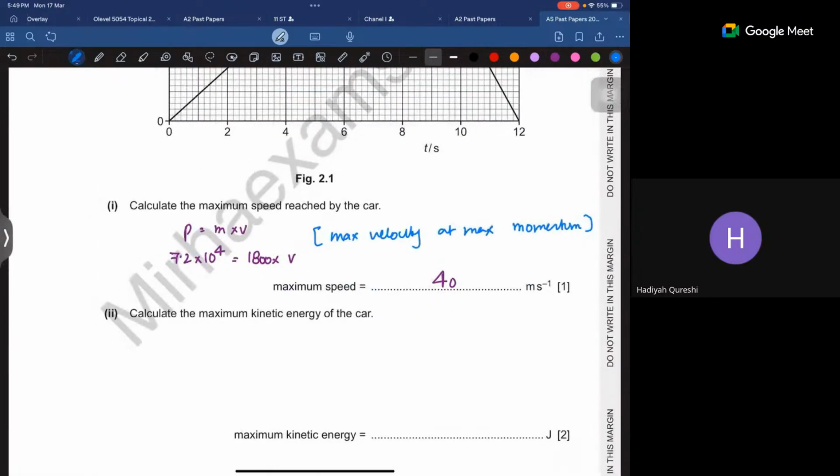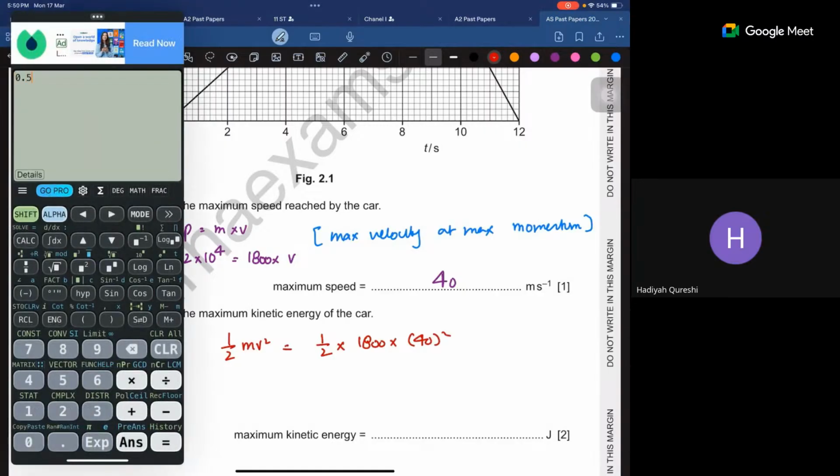Then calculate the maximum kinetic energy of the car. For maximum kinetic energy, you have the speed, so half mv squared. So half times 1800 times v squared, which is 0.5 times 1800 times 40 squared, which is going to be 144000.